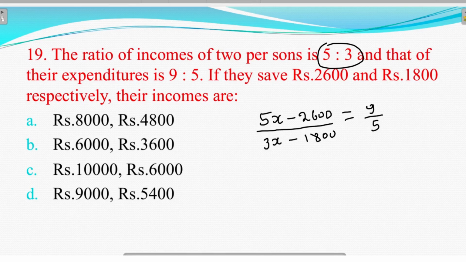So if you solve this equation, you will get x, then you can substitute. 5 nines are 45, 9 threes are 27, 2x is the difference. 26 into 5 is 13,000, 18 into 9 is 162, so 16,200. 13,000 and 16,200, 3,200 is the difference. Then 1x is equal to 1600, then 5x is equal to 8,000, 3x is equal to 4,800.